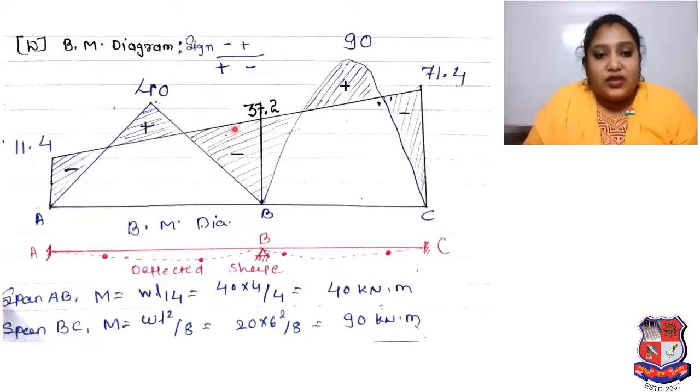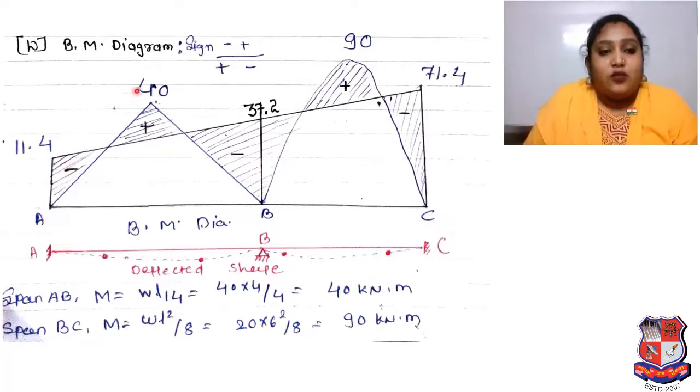We know that whatever 37.2 we got, it will be like here. Some fixed end moment is there, so here 11.4 is there, and at point C 71.4 is there. It is our final fixed end moment.